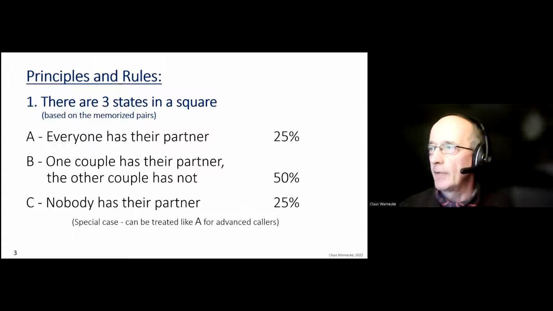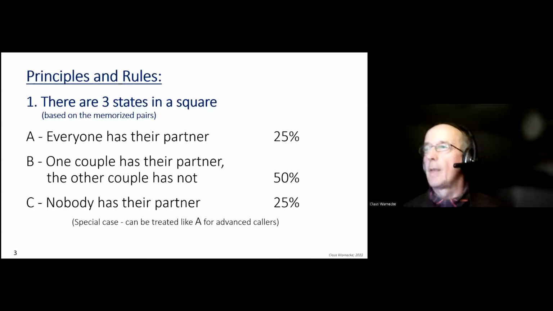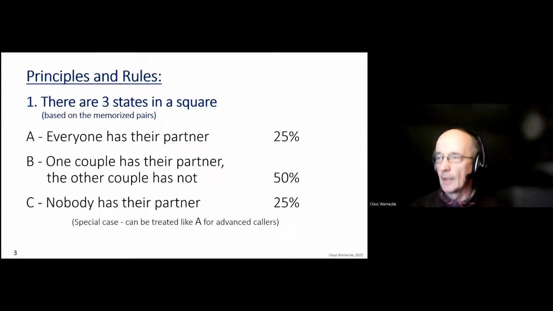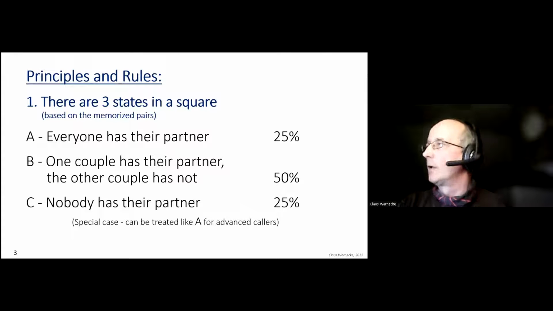B is one couple has their partner and the other couple has not, or nobody has a partner. The most important system is B, because it's 50% of all cases.